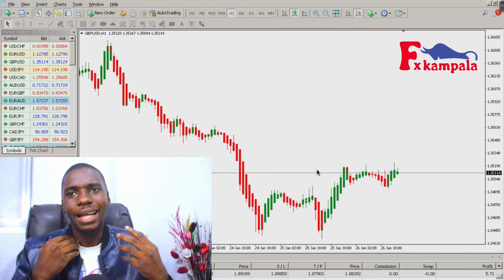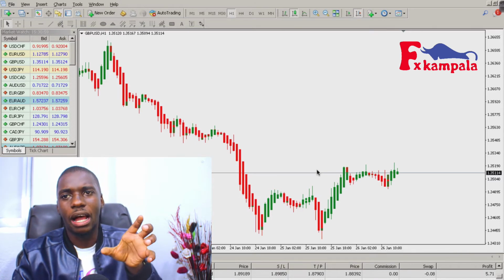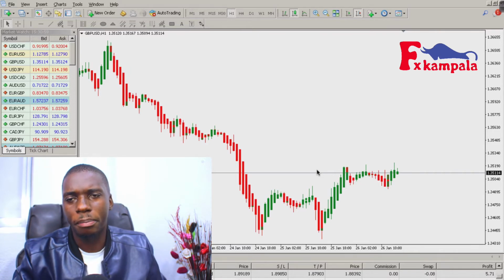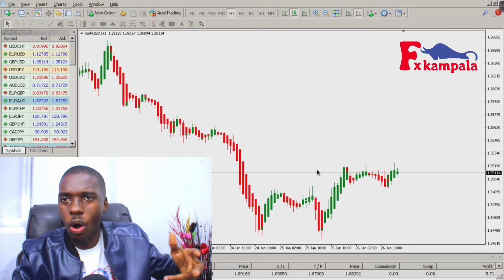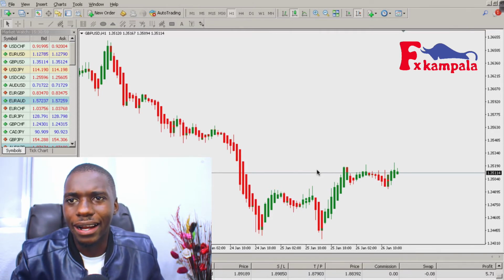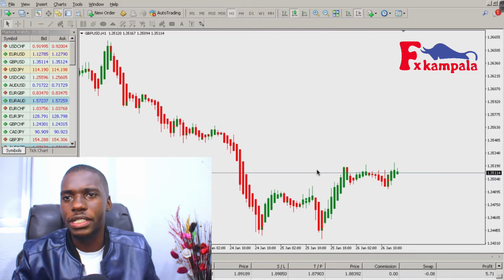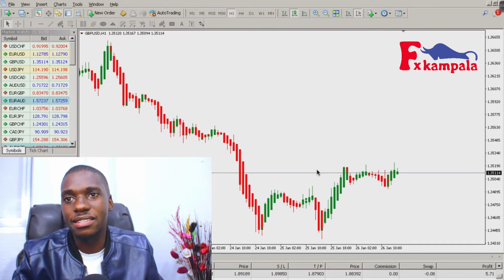So a few things that we should note about the heikin-Ashi before we come and see how they are formed, probably its high, its low and so forth. Heikin-Ashi candlesticks are best and good usually when you're trading futures and also equities, commodities.